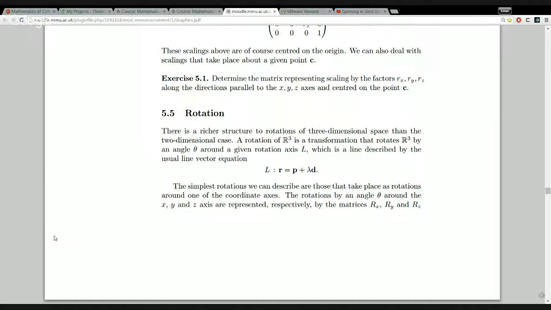Well, I don't want to construct a completely general rotation matrix that could have in it the specification of any axis of rotation at all in space and any angle.